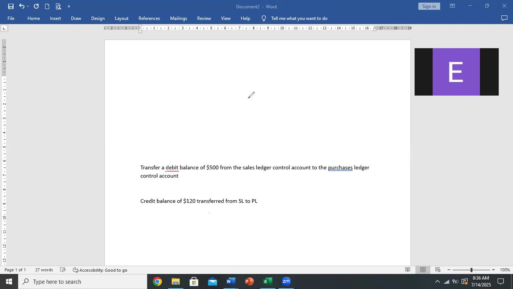If this is your account and you have been given a balance carried down or a closing balance, you need to ask yourself, what closing balance is that? If that closing balance is a debit balance, then your balance carried down will be at the credit side. Please note that.